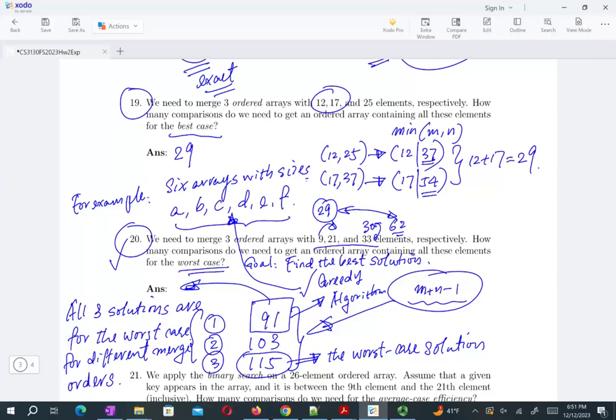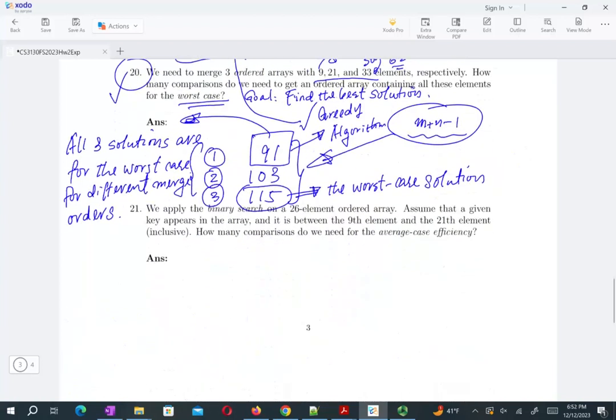It won't be too hard; we can prove it by mathematical induction, a little harder, but we can do it. From this example, you can understand the importance of the greedy algorithm. That's this question.